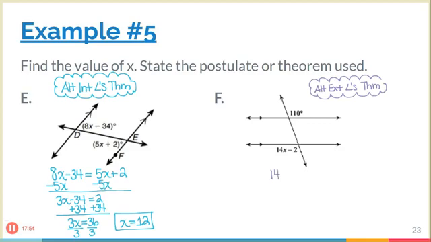So we get to set 14x minus 2 equal to 110. We're going to undo subtraction with addition. And then we would divide by 14. And we would end up with x equals 8. And that's how we use the theorems and postulates learned today.